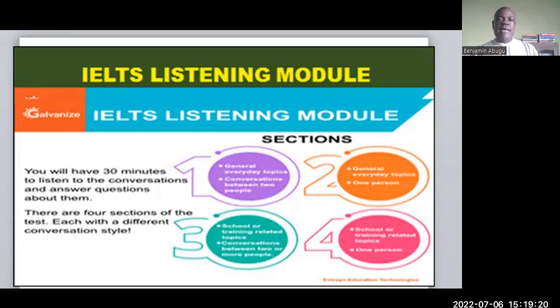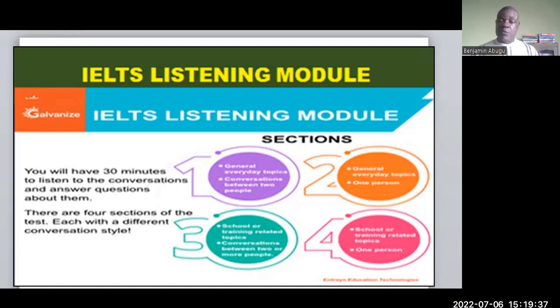Now, the IELTS listening module has 4 sections. The first section is the easiest in terms of the questions, and the last section is the most difficult. So make sure that you write the answers in the question booklet, as I earlier mentioned.